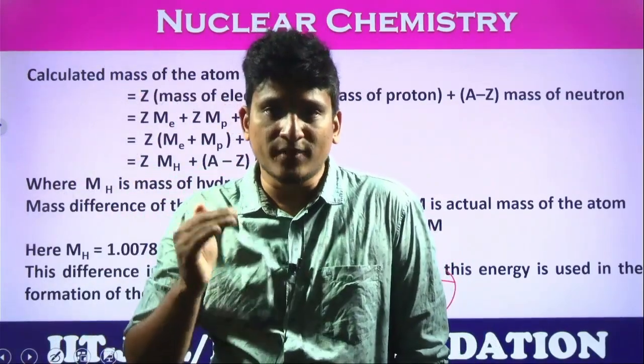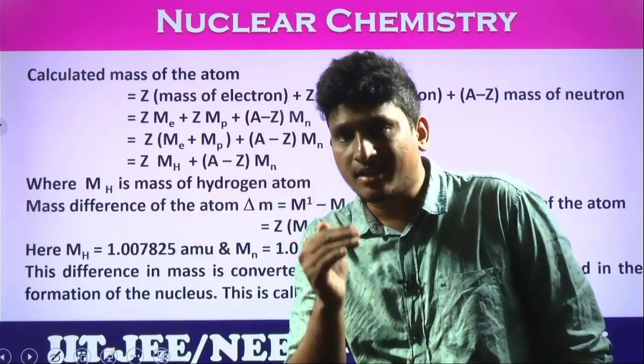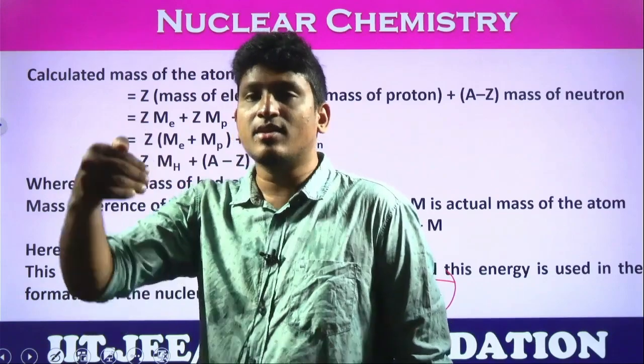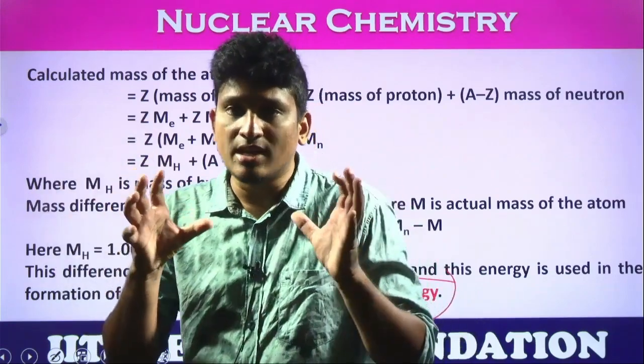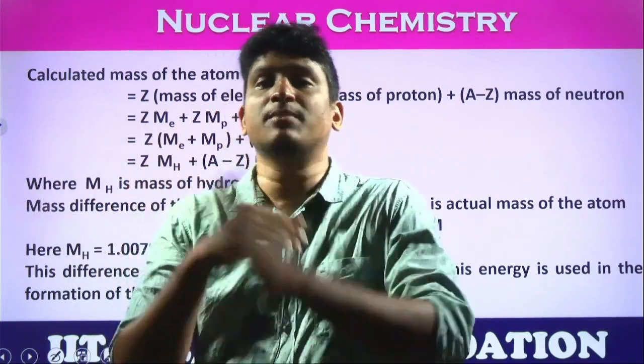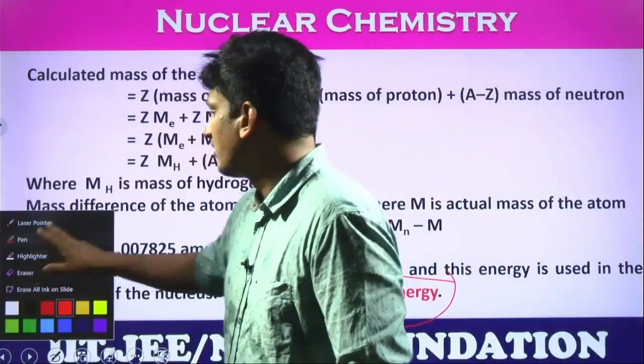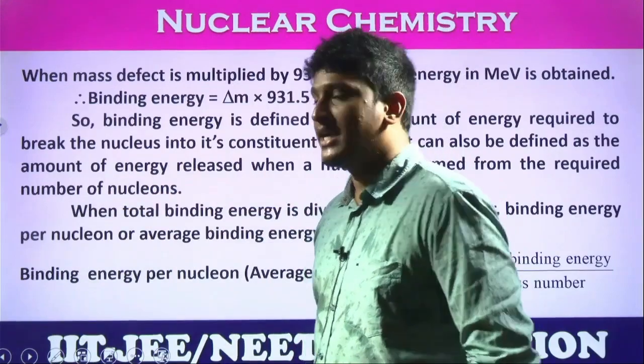Understood? This difference in the mass between the calculated mass and the real mass is converted into energy, and this energy is utilized in the formation of the nucleus and for the stability of that nucleus also. So students, we have to define this binding energy.